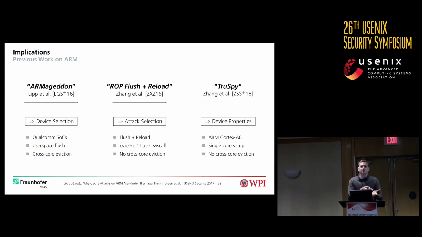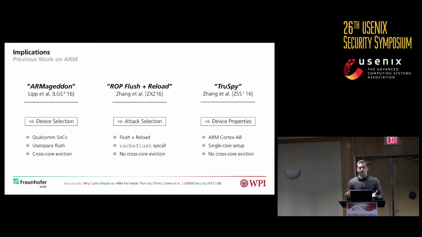Or there's yet another device where they were able to use the flush instruction. Attack selection is another important part. If you focus on flush and reload attacks, then you will not run into AutoLock because you're not doing cross-core eviction. And lastly, your device properties can play a role. If you happen to be on a single core system, then as we know, same core attacks work. So even though you're doing eviction, you will not run into AutoLock or any of its effects.